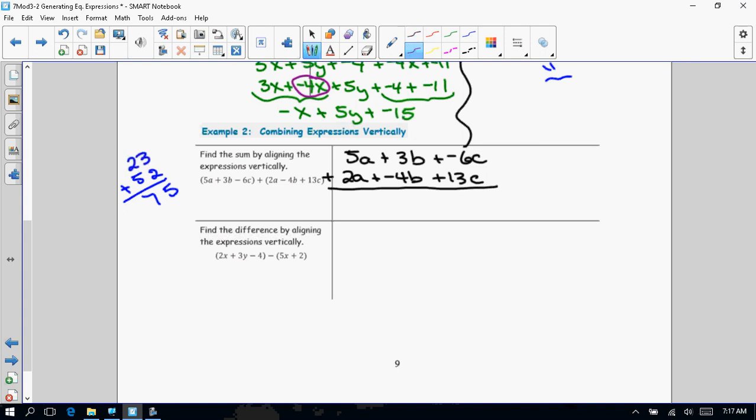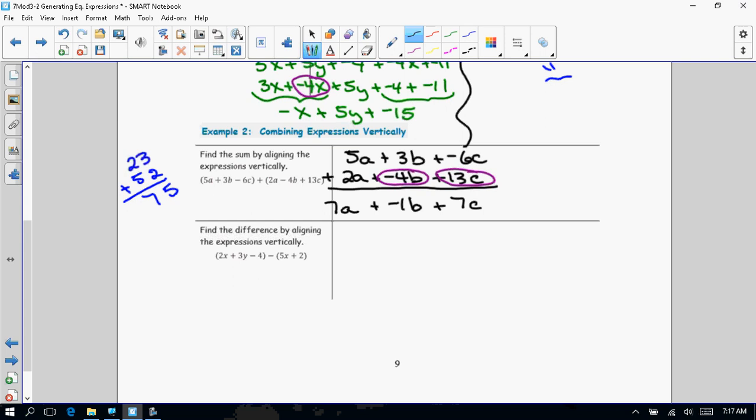So literally add your 6c and your 13c. Well, the signs are different. 13 is bigger. 13 minus 6 is 7. So I have 7c, right? It's going to be positive. All right. Then I have 3b plus a negative 4b. 4 is bigger than 3. It is negative, so I'm going to have a negative 1b, or you could just say negative b, that's fine. And then 5 plus 2, the signs are the same, so I can literally just add them, 7a.